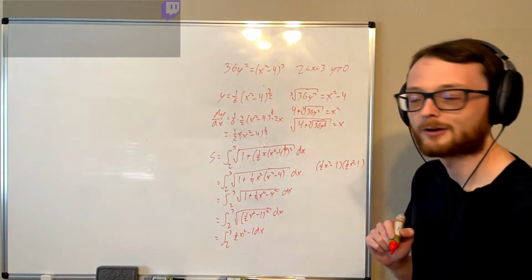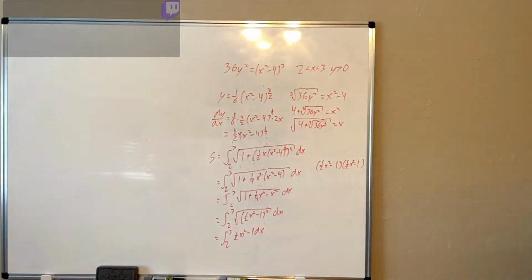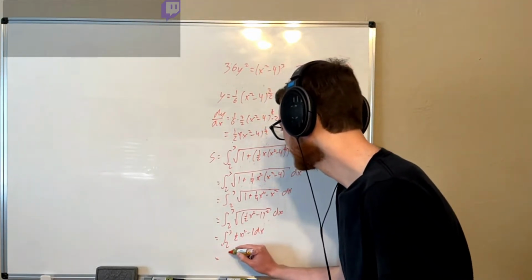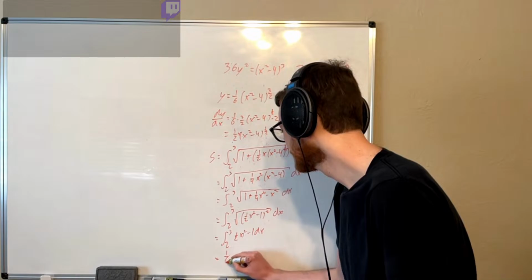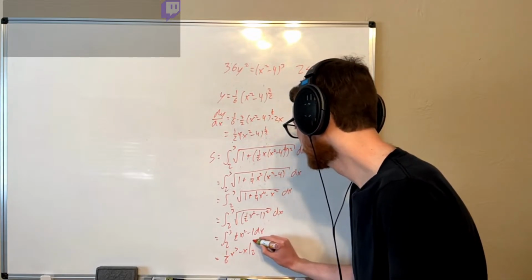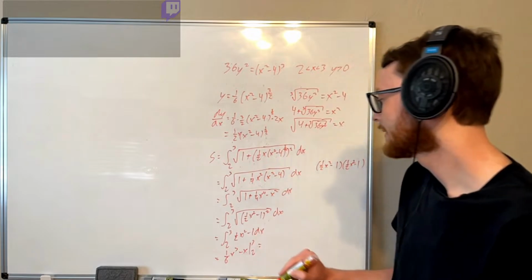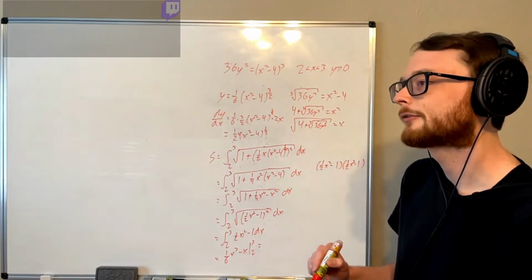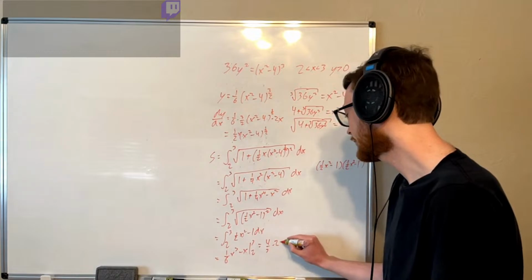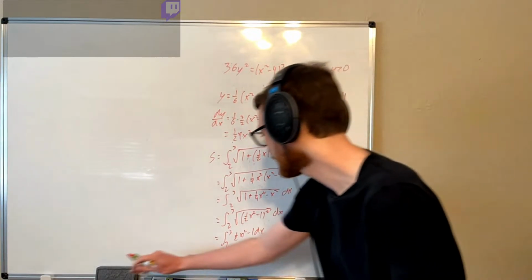That we can integrate. 3 cubed is 8, 8 over 6 is 4 over 3, minus 2, minus, oops, minus 3.